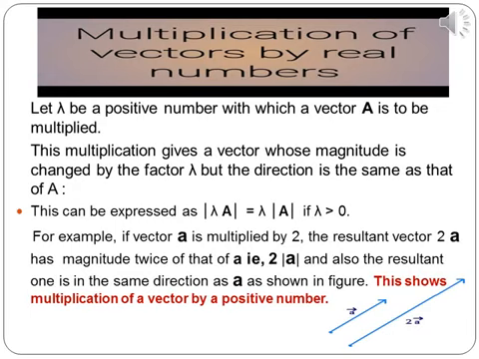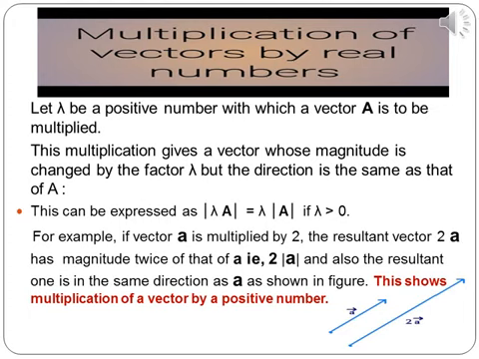This multiplication gives a vector whose magnitude is changed by the factor lambda, but the direction is the same as that of A. This can be mathematically expressed as modulus of lambda vector A is equal to lambda into modulus of vector A, if lambda is greater than 0. That is, lambda is a positive number.